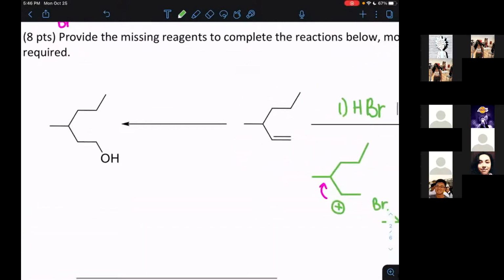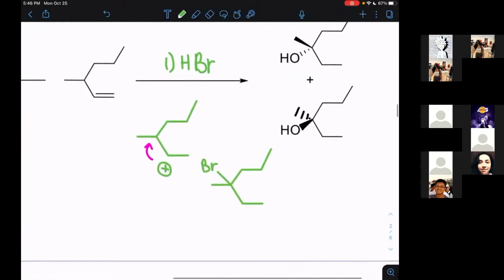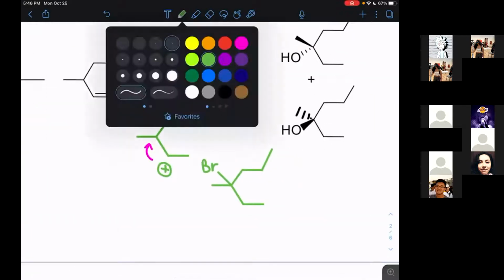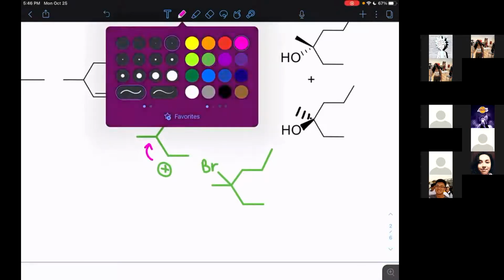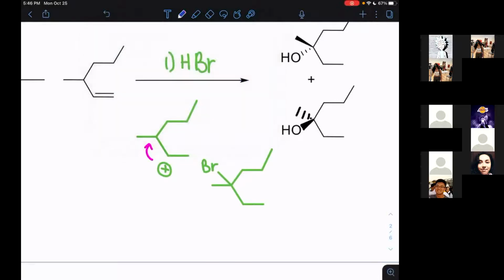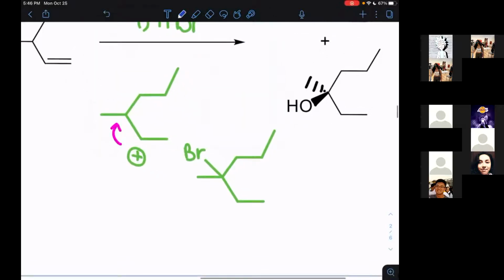That one's going to be whichever one is anti-Markovnikov with OH. So far, I did it differently than you on the right-hand side, but I think you're still working what you're doing. Okay. So that would be my first one, and then we could try yours after too, just so we know.